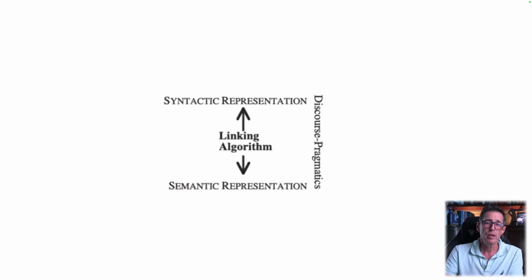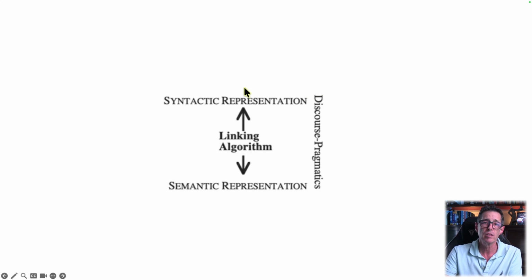This here is the representation of language according to Role and Reference Grammar, or RRG. What we have here is syntactic representation, probably morphosyntactic representation. These are the words that are composed in order to combine with phrases in order to become clauses or sentences.